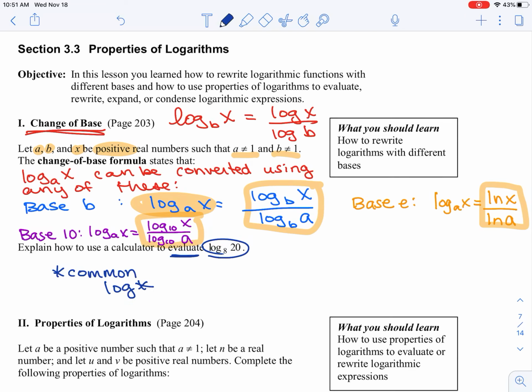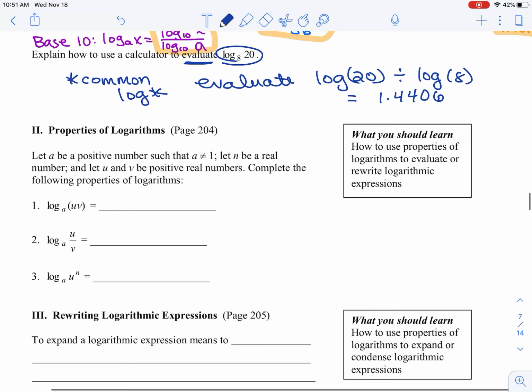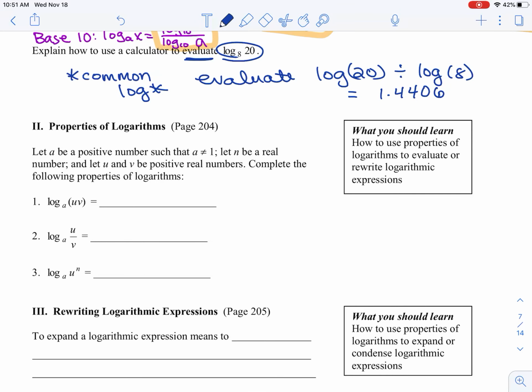So I'm going to evaluate the log of 20 and divide it by the log of 8, which would equal 1.4406 to the nearest 10,000th. All right, let's keep going.